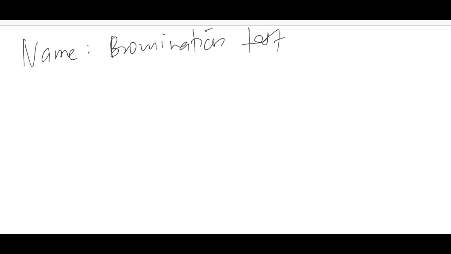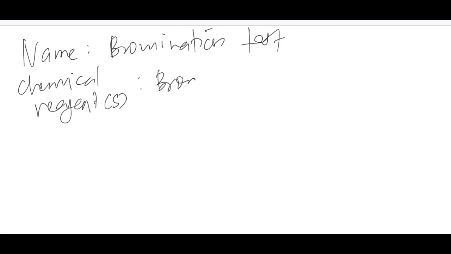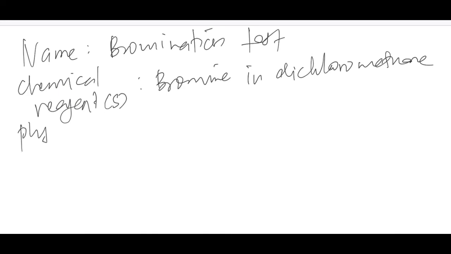Bromination test. So we have the chemical reagent used. Here we use bromine in dichloromethane. The physical condition is dark and room temperature.